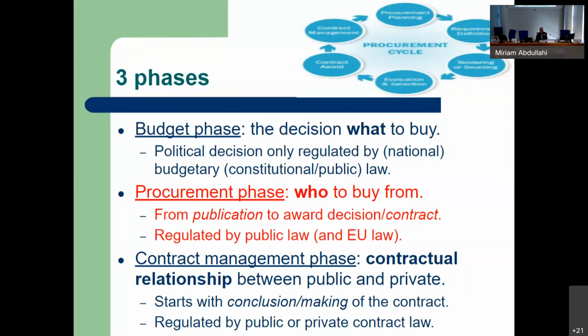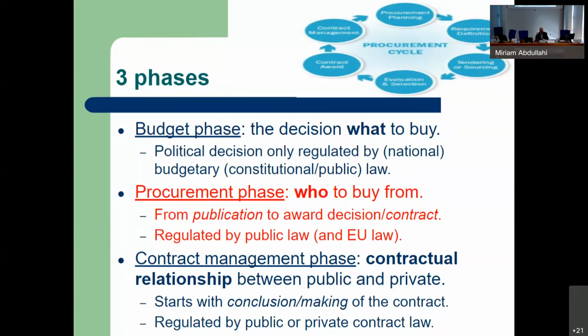So we're not really going to deal with that phase very much, except for perhaps a couple of cases. This phase ends with that decision: this is what we want to buy. We want this battle tank for our armed forces. We want a hospital in this particular city. We want a primary school here. We want to connect this island with a bridge to the mainland. This is what we're going to buy. And we kind of vaguely checked whether we have the money.